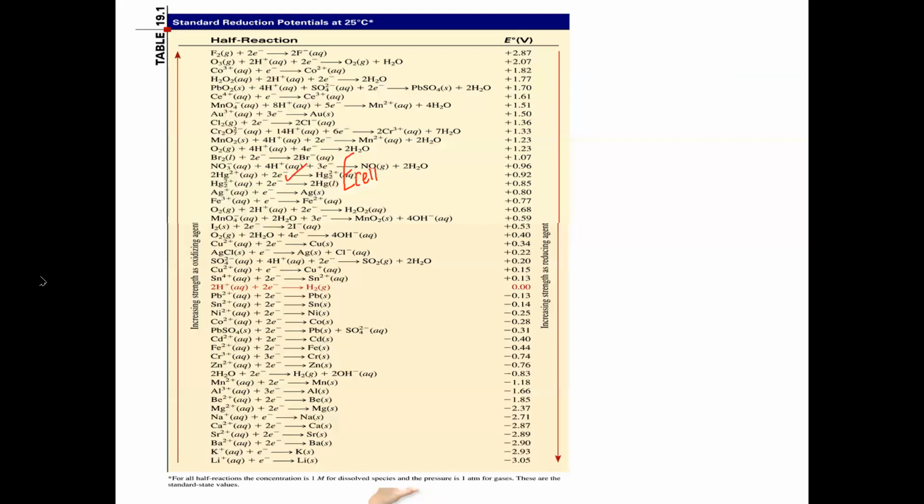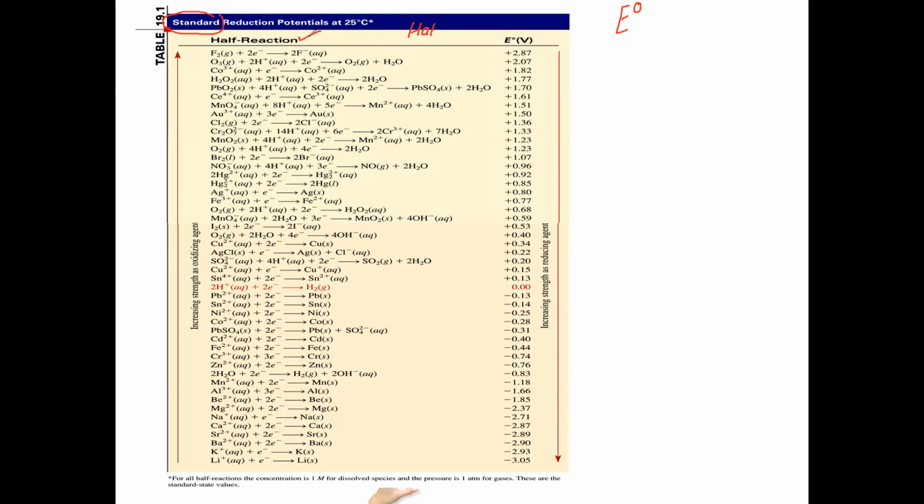And here is the list of reduction potentials. Reduction potential means the tendency to undergo reduction. You can see the title of the table is standard reduction potential. Standard means E naught. These are half reactions.